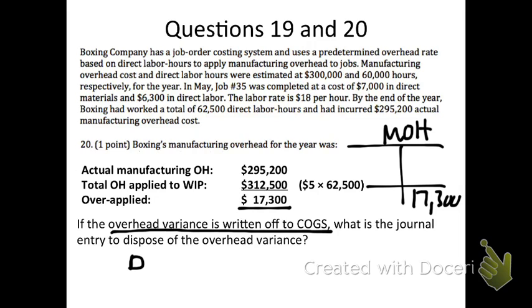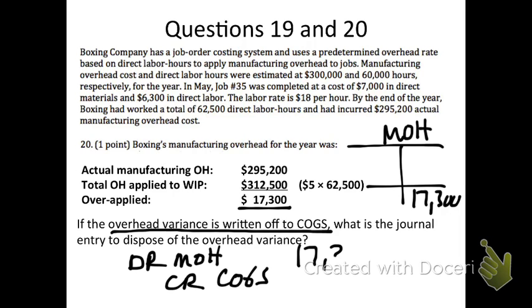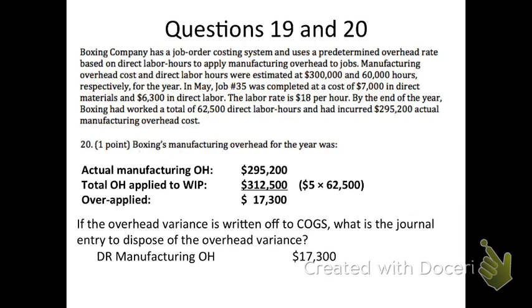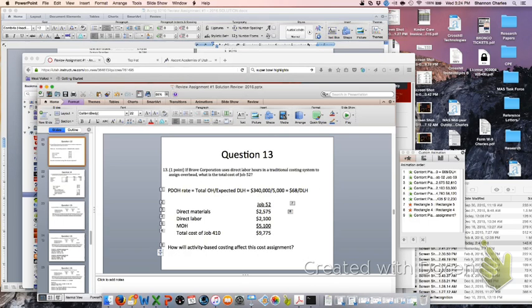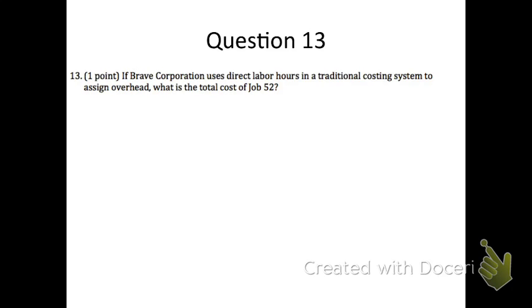So we're going to debit manufacturing overhead and credit cost of goods sold for the 17,300. And you can see that there.